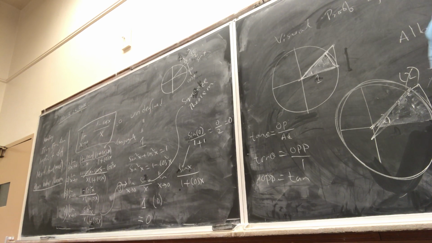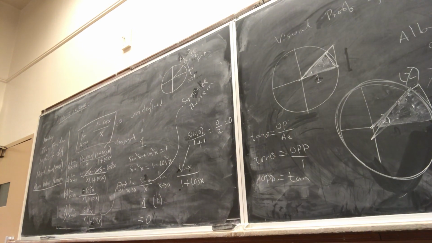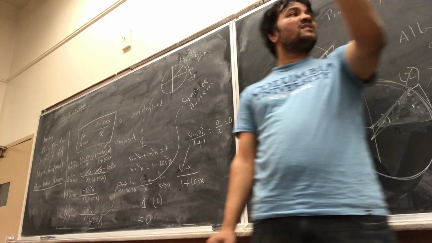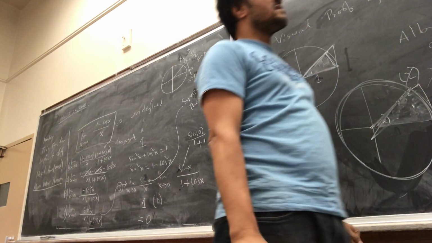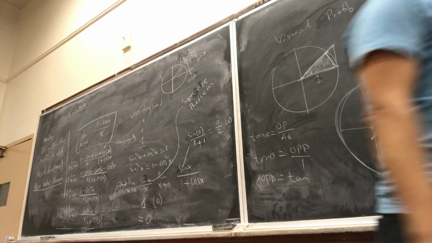Now I'm going to sloppily write limit. I ran out of time. Limit as x goes to 0. What is the limit of 1? 1. And if x goes to 0, what is the limit of cosine x? 1.